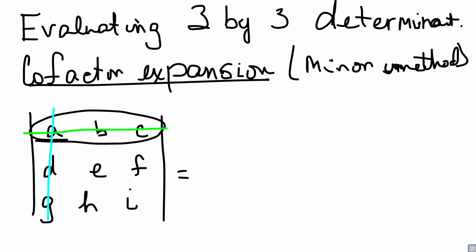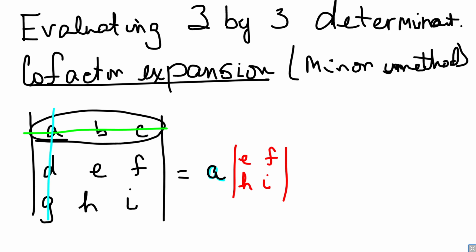The value that's crossed out in both situations is the number that's going to go out front. What's left is a determinant of the values that are not crossed out: E, F, H, and I. We evaluate that determinant and multiply it by A.